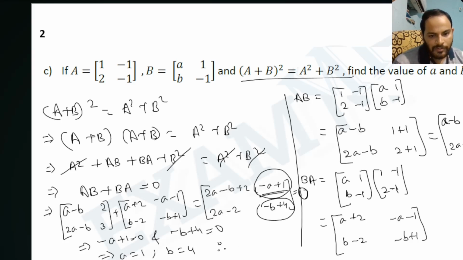So therefore A becomes 1 and B becomes 4. So this is the answer. First simplify the given equation, then do whatever is needed. So I'll end here and provide the solutions of question number 3 in the next video.